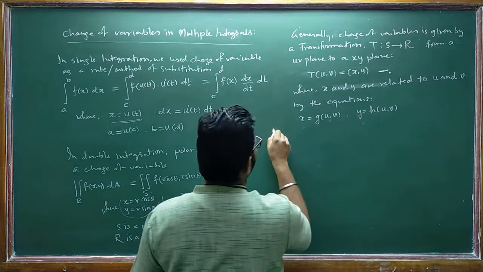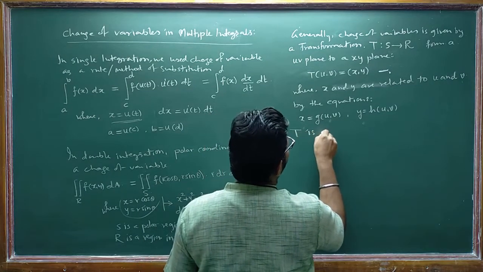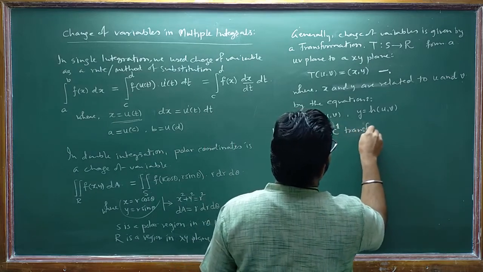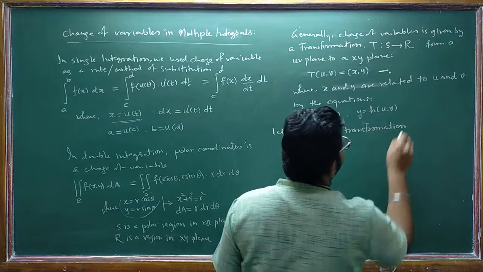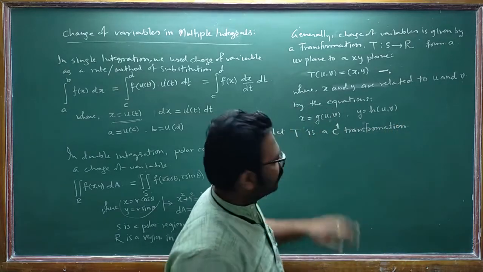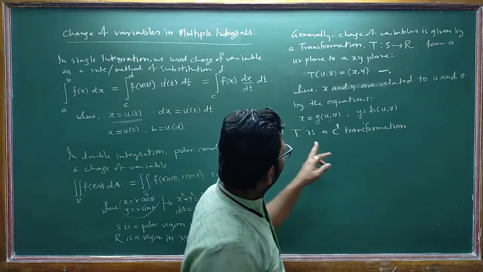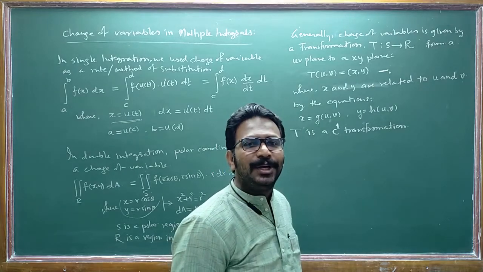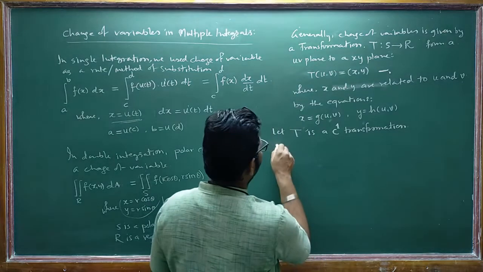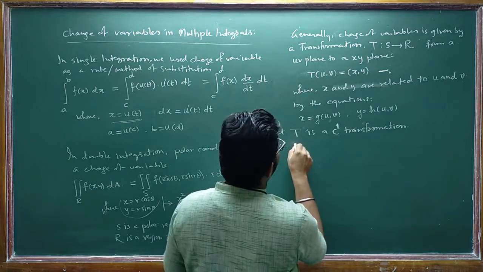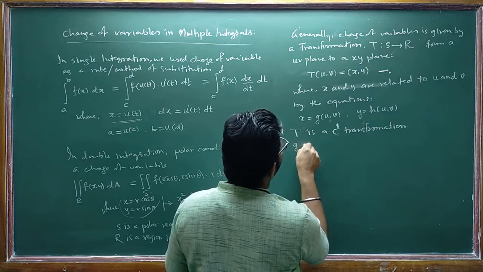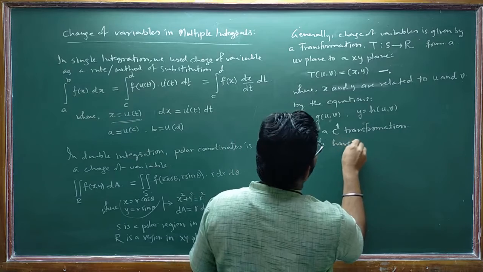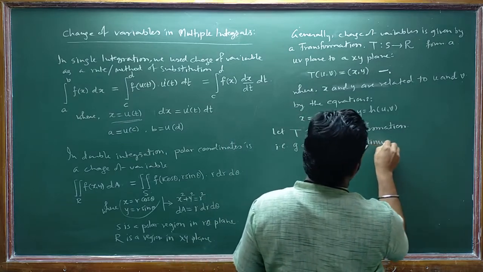So if T is a C1 transformation, it means the components of T will have continuous first order partial derivatives, that is, the functions g and h have continuous first order partial derivatives.